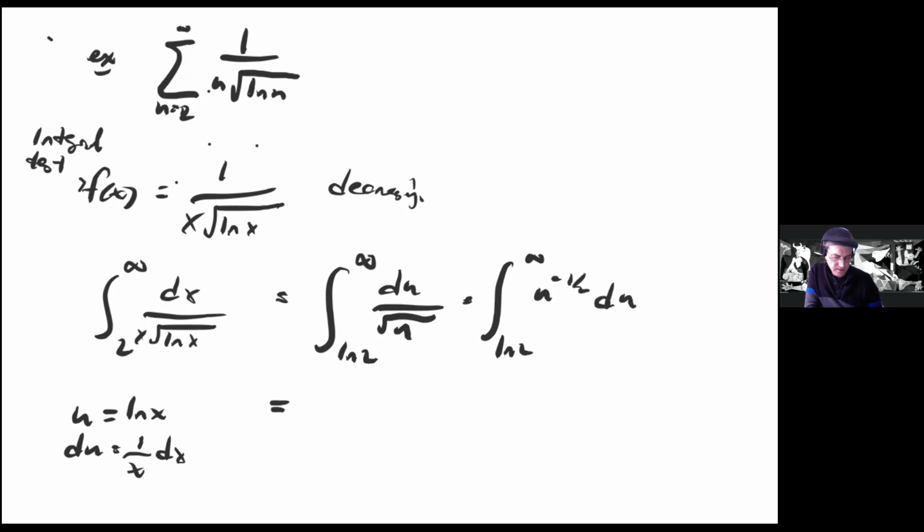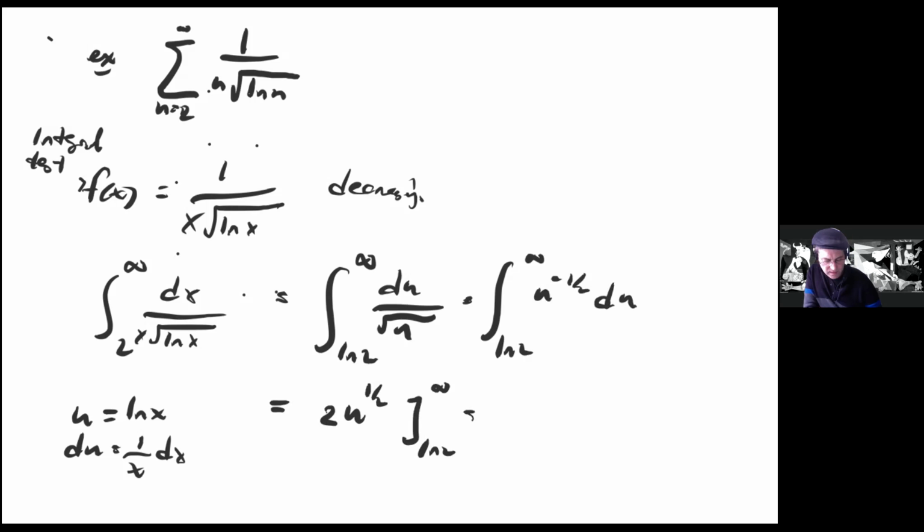Okay, so now we find the antiderivative. That would be u to the 1/2 power times 2. And u is going from ln of 2 to infinity. I should really be writing a limit, but I'm just going to write ln of 2 to infinity.